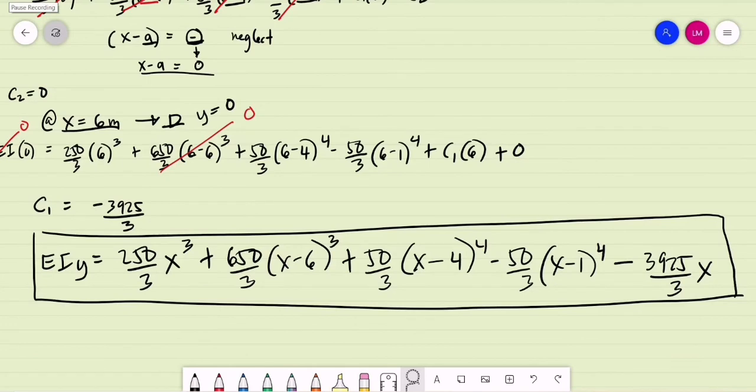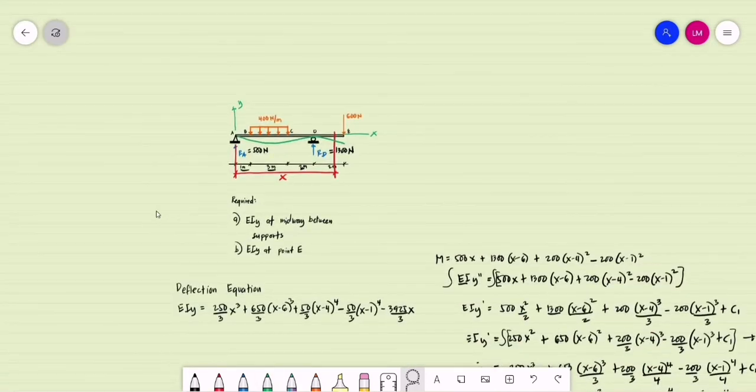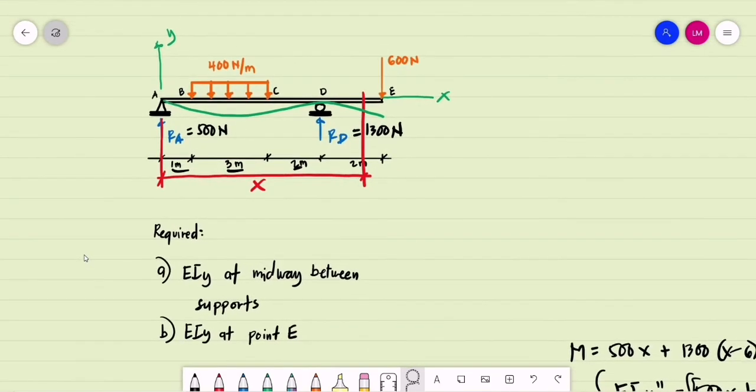Okay, so after having the deflection equation, we can now determine the deflection at any point of the beam. So we are to determine the required. Letter A, EIY or the deflection at midway between supports. Between supports, we have the supports A and D. They are 6 meters apart.